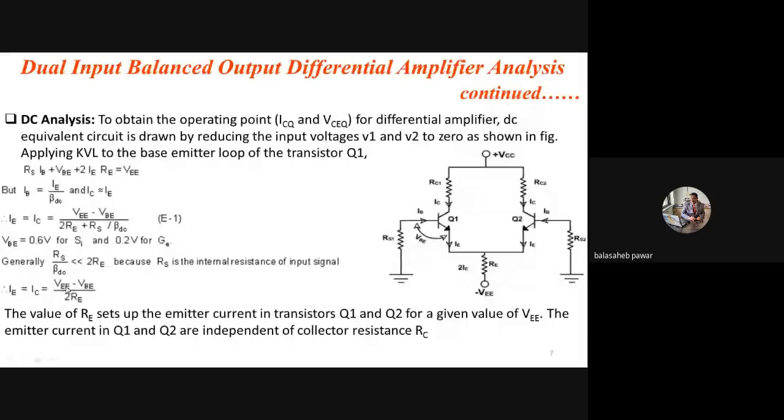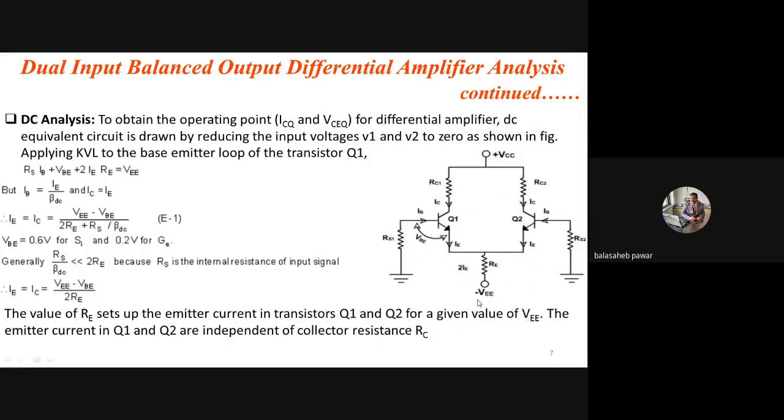Therefore, I mentioned one statement here. The value of RE sets up the emitter current in transistors Q1 and Q2 for a given value of VEE. The emitter currents in Q1 and Q2 are independent of the collector resistances of both transistors, that is RC1 and RC2. It is dependent on the value of VEE, this negative DC source, as well as the value of resistor RE.